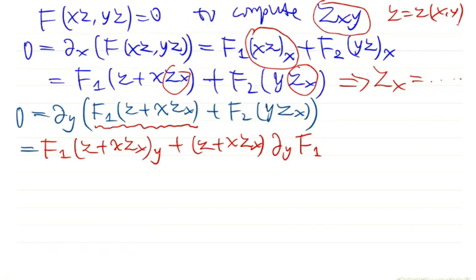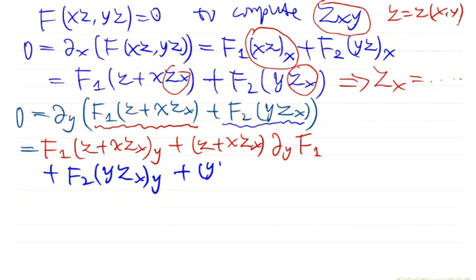Okay, and the second term is similar. The second term is f2 times the derivative of y zx with respect to y, plus y zx, the partial derivative of f2 with respect to y.